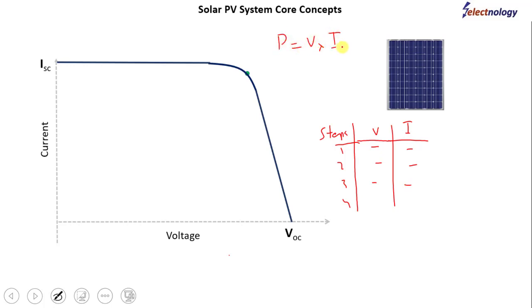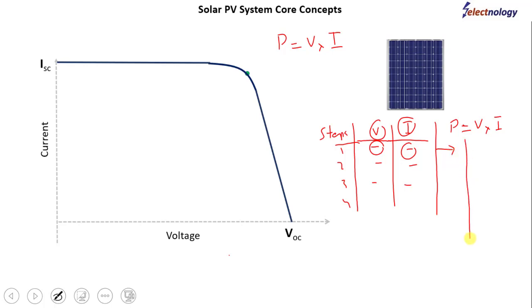If we multiply voltage with current, this will give us the power being supplied by the PV module. In the fourth column, we calculate P = V × I, meaning we multiply these two parameters and write the answer here. This will give us the power being supplied by the PV module.